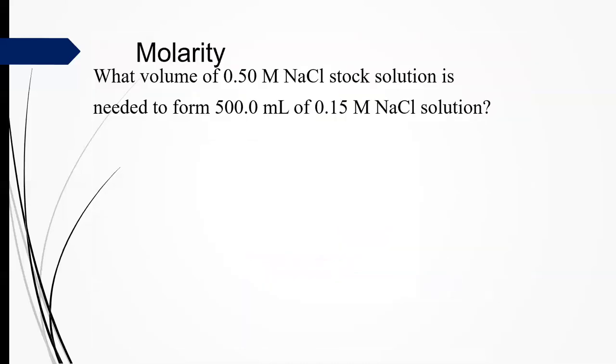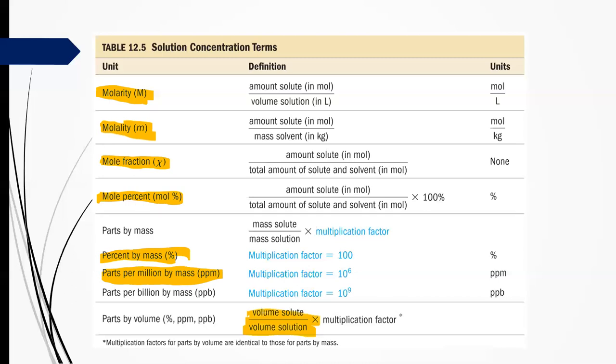So let's look at these definitions first. Molarity has specific units attached with it. We get molarity because it's that big M, and it stands for the moles of the solute divided by the total volume of the solution. On the other side, molality is a similar starter.